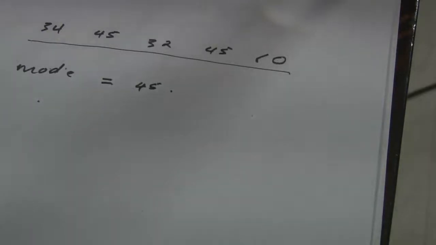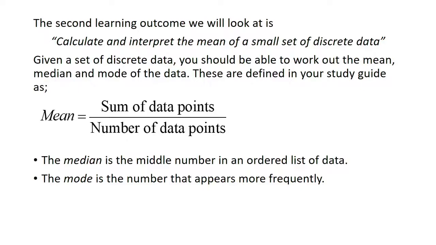For the mean, you take the sum of the data points and then divide by the number of data points. That gives you the mean. For the median, you consider the middle number in an ordered list of data, which means you first order your data from the smallest to the largest, and then you pick out the middle one. For an odd number, that's straightforward.